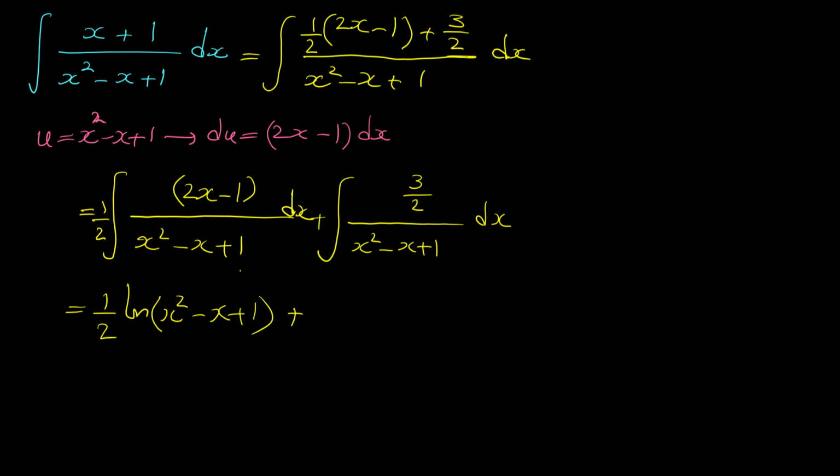For the other integral, we can move the 3 over 2 to the outside, and then we have the integral of 1 over x squared minus x plus 1 dx. For finding this integral, again we have to use the complete square form technique. So we have to write x squared minus x plus 1 in the complete square form.